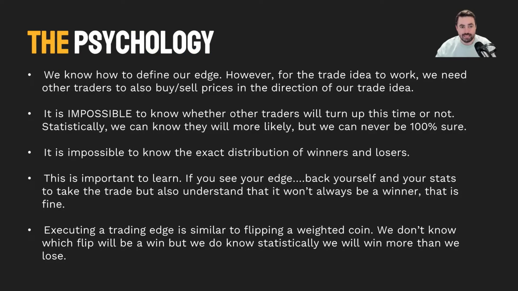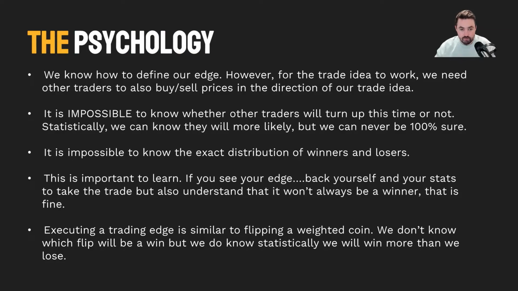But before we get to that, let's just talk a little bit about the psychology of things. We now know how to define our edge, but for the trade idea that we have to work, we need other traders to also buy or sell in the same direction that we want our trade idea to go.